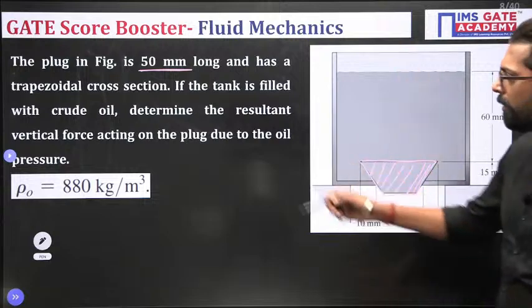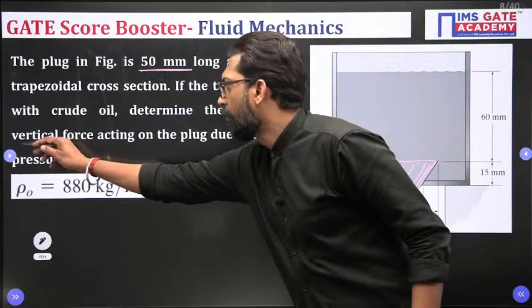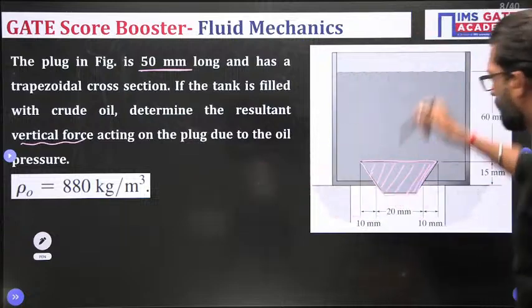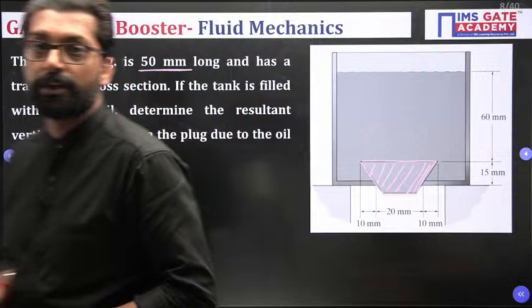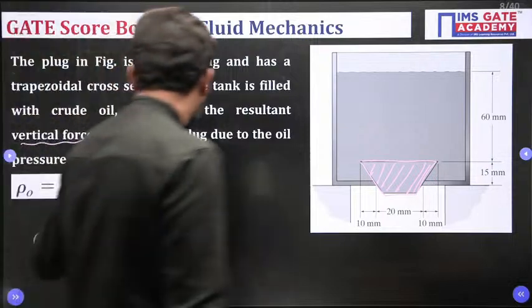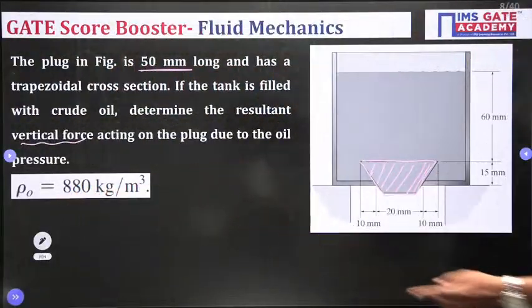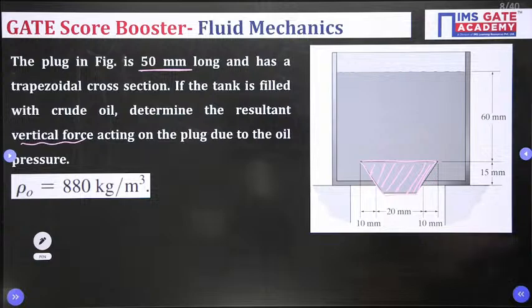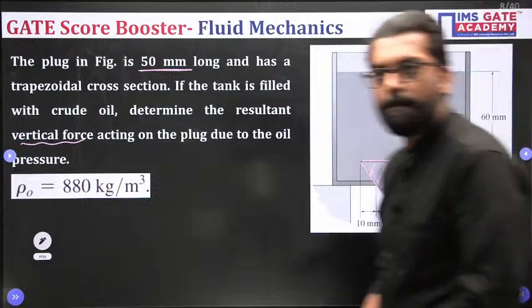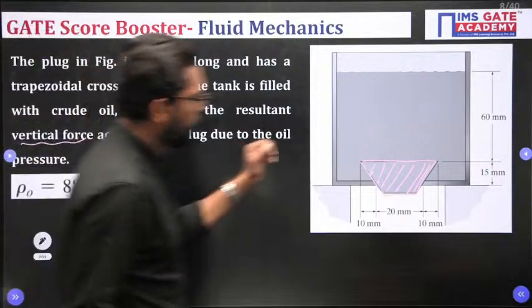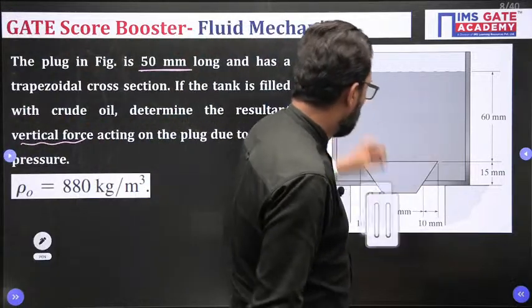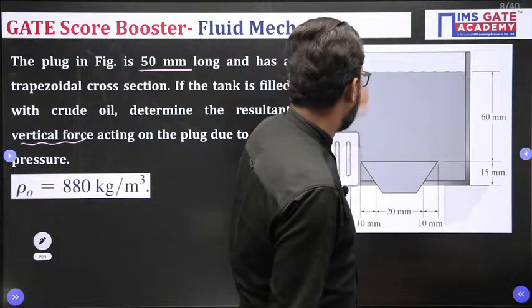Vertical force acting on the plug. My dear, this is a very important question, and they say that the density of the oil is 880 kg per meter cube. Clear? Okay. So we have to try to solve this problem. How to try to solve this problem? See my dear.